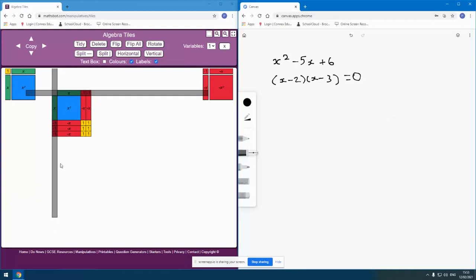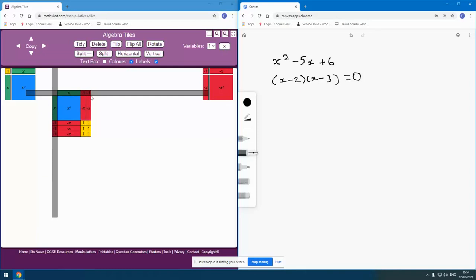What I'm saying when I say I want to solve that equal to 0 is this area here represents that expression. So I want to find a value or values of x that will make this entire area 0. And what I want to draw pupils' attention to is that in order to make the area of a rectangle 0, one of the dimensions has got to be 0.